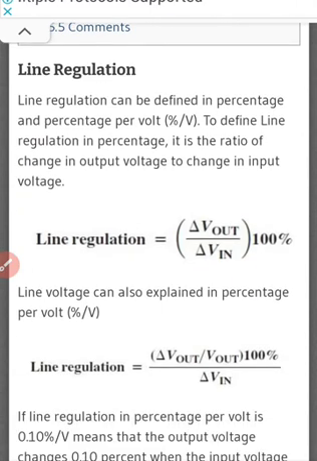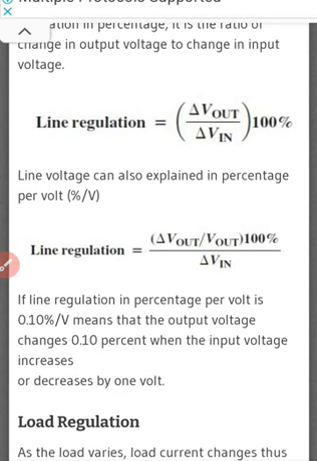If it is percentage per volt, then we divide the change in output by the original output, divided by the change in input, into 100. Okay, so these are the two differences. We can apply either one, but the most suitable one is the second one, when we measure the percentage per volt.